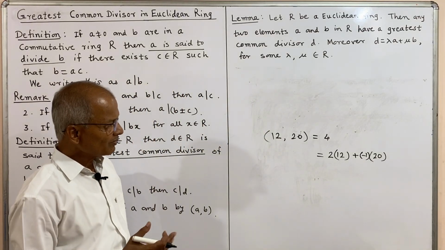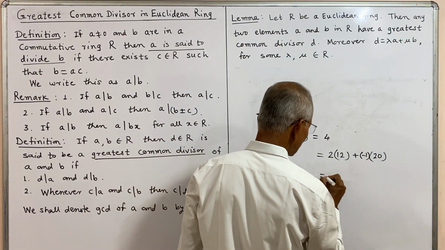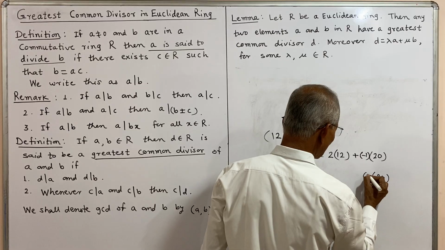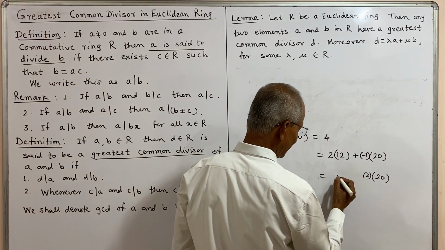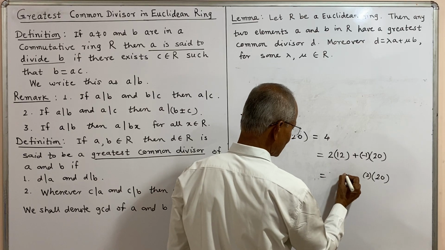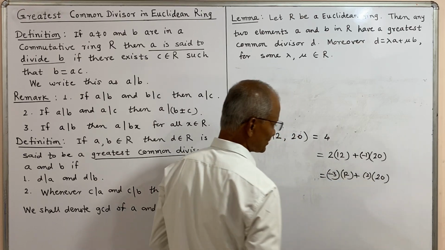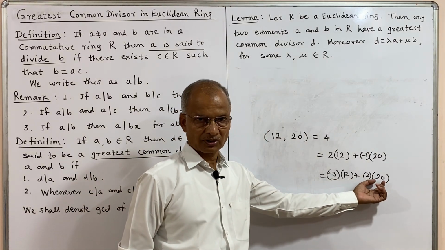This again can be written in different ways. We can write this also as 20 multiplied by 2, which becomes 40, and then we can have 12 multiplied by minus 3. Now you see, this is minus 36 and this is plus 40.